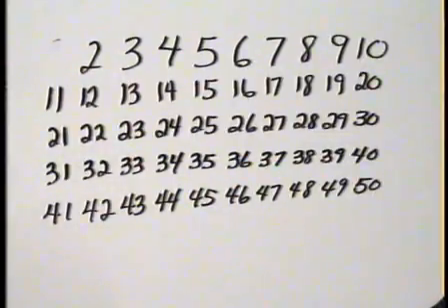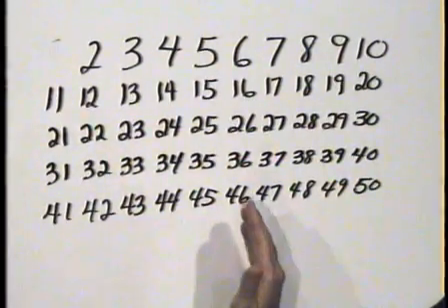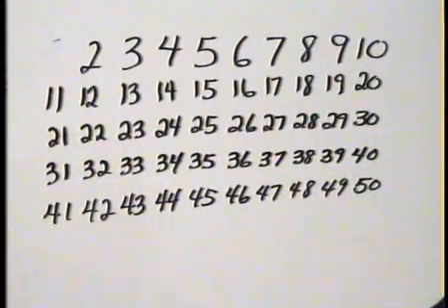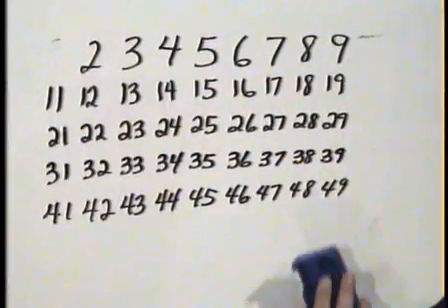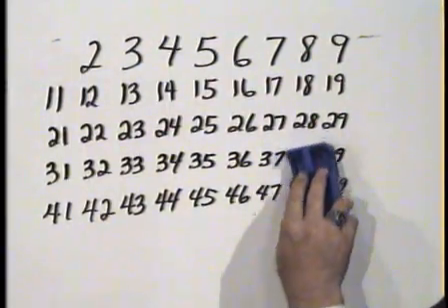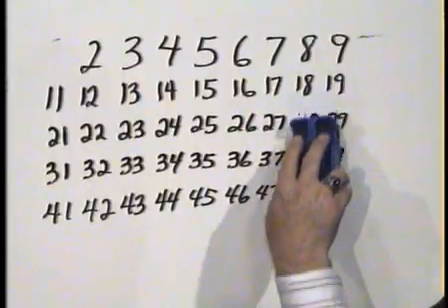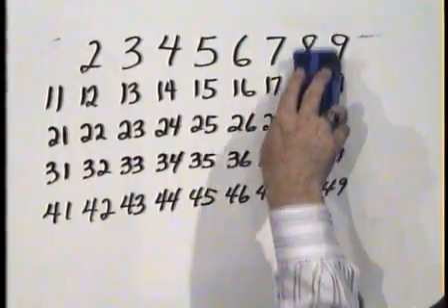Rather than taking the time to do that, let's just notice that these are numbers that are lined up with 2's in the ones place, 4's, 6's, 8's, and 0's, all the even numbers. Let's just simply erase those. But we won't erase the 2. Why not? Because the 2 is prime.